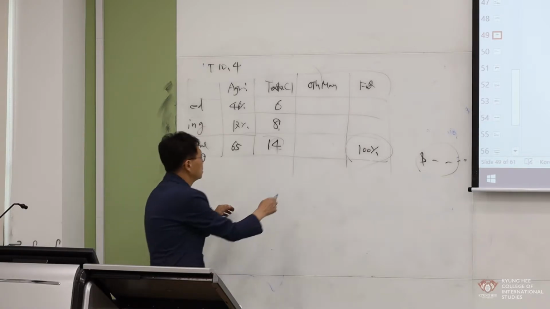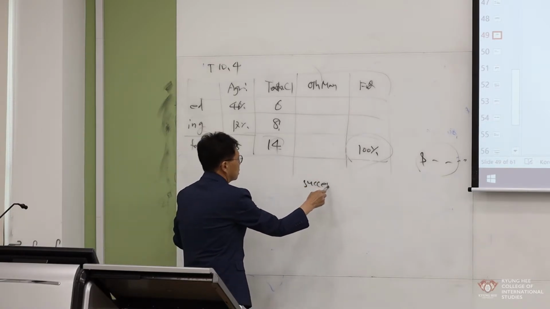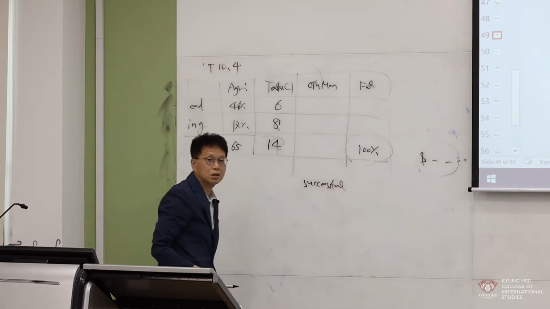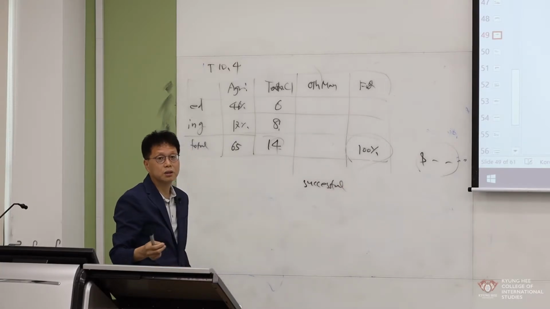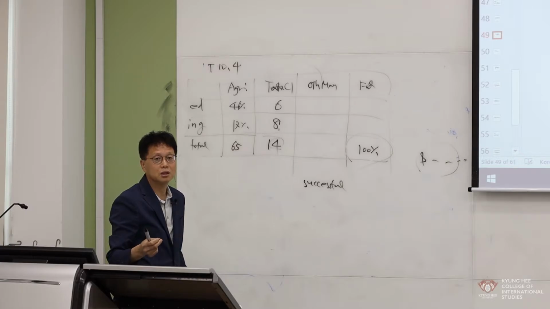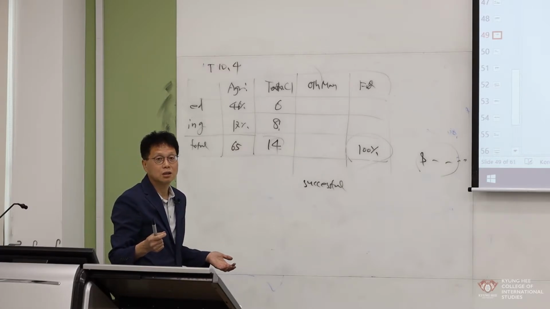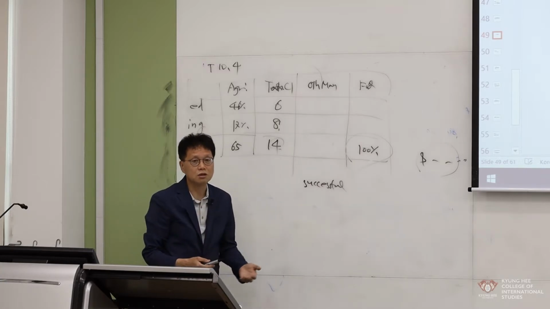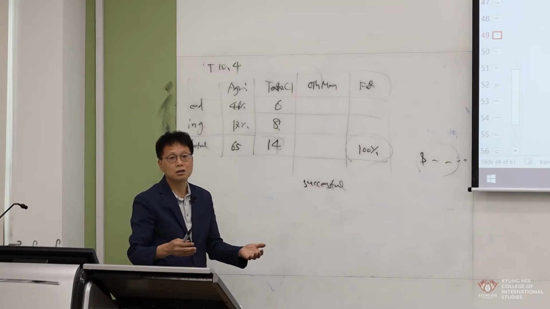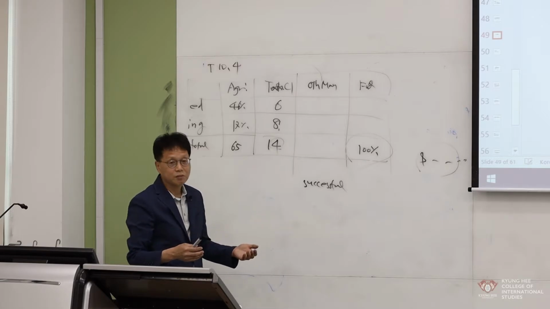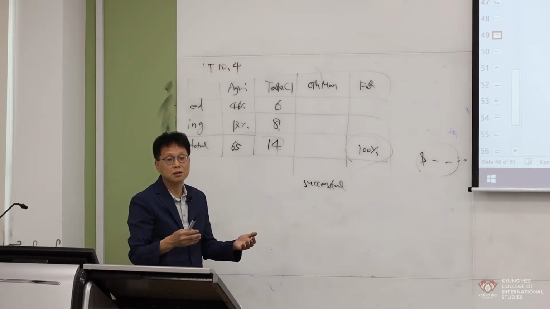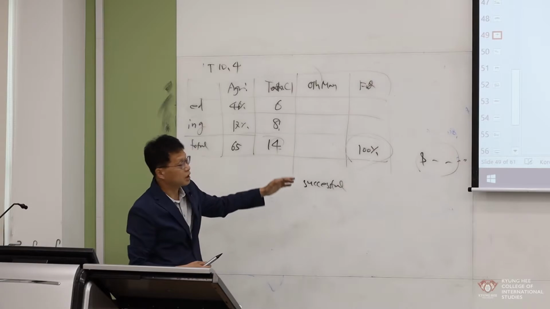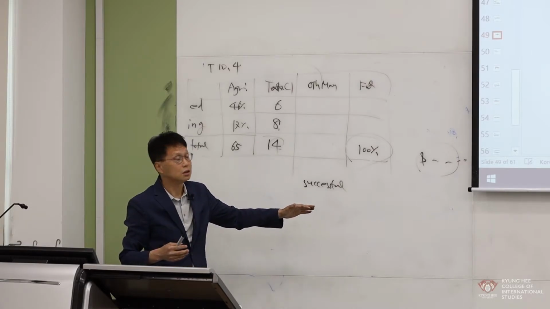Some successful developing countries, like China, India, and like this, have a strong comparative advantage in manufacturing, right? And some countries like Vietnam show successful performance in textile and clothing like this, right?